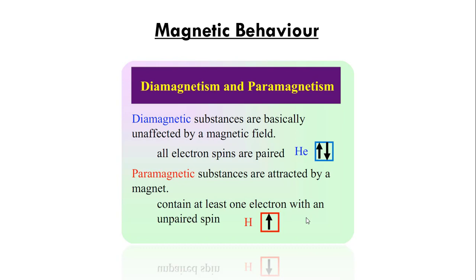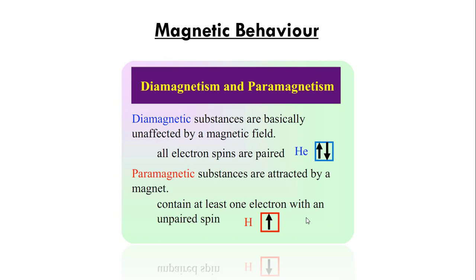The molecules which exhibit the diamagnetic property are called diamagnetic substances, and they are basically unaffected by the external magnetic field. What that means is, if we keep a diamagnetic molecule in an external magnetic field, the external magnetic field will repulse this compound.